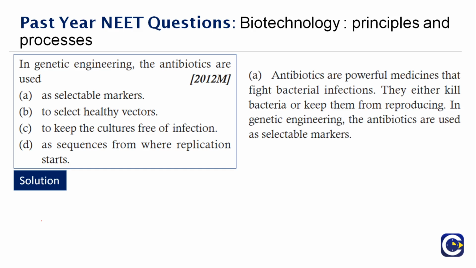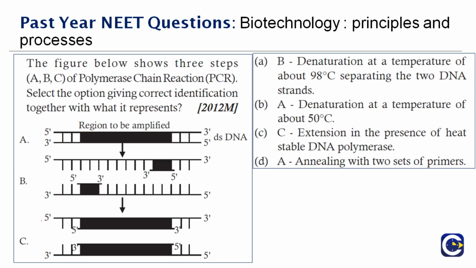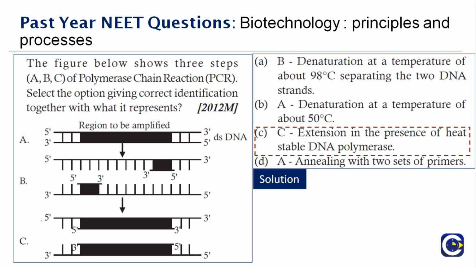Okay, fine. Next question here. The figure below shows 3 steps A, B, C. It's a PCR, a polymerase chain reaction. Select the option that gives the correct identification of which it represents. I'll give you the answer here so that you can analyze now.